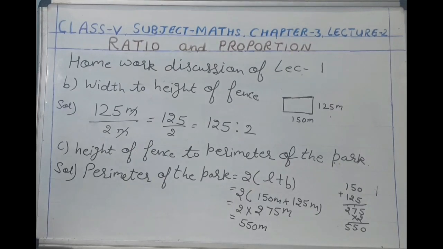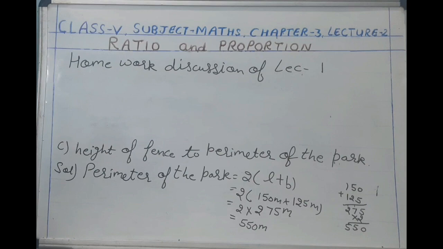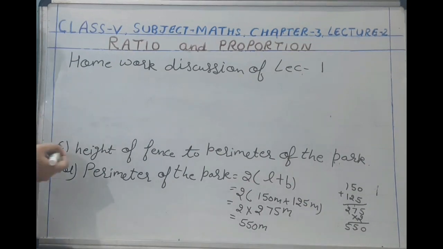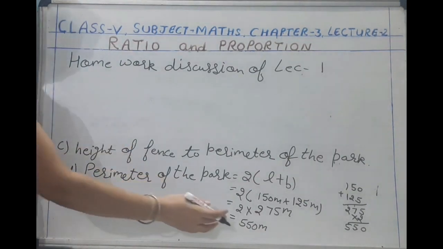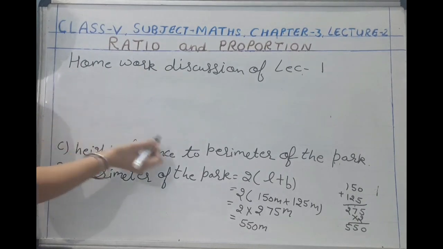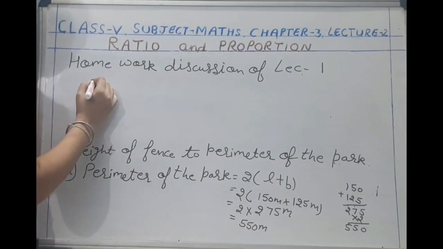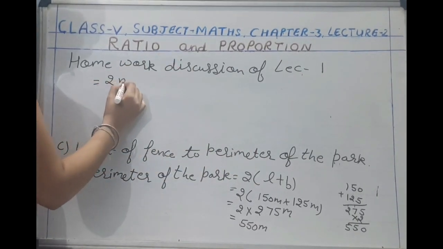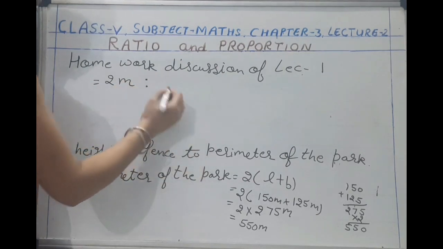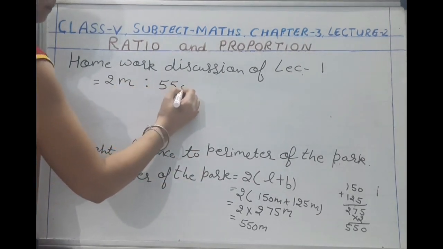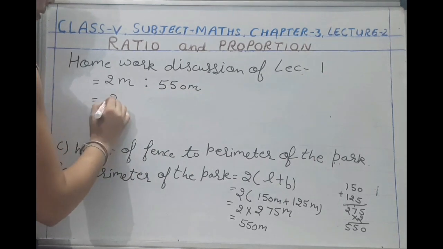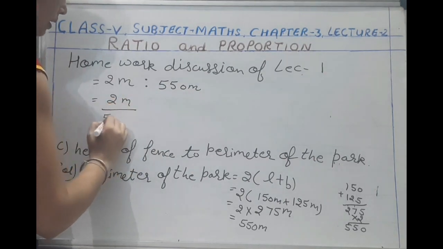Now we will use this while finding the ratio. Now what we have to find out? Height of the fence. After this, write down height of the fence to the perimeter of the park. Height of the fence is 2 meter. Ratio perimeter of the park 550 meter. It will become 2 meter upon 550 meter.